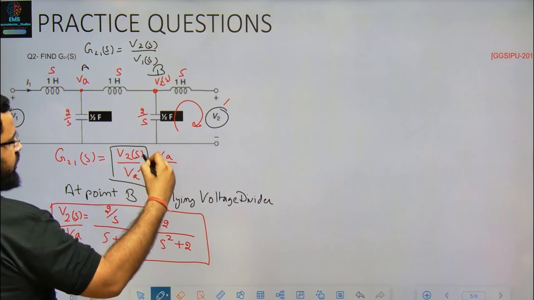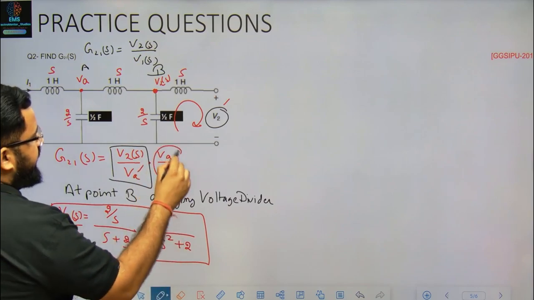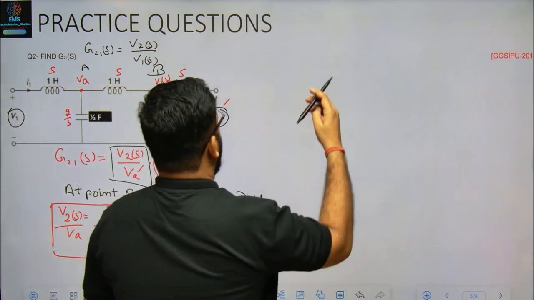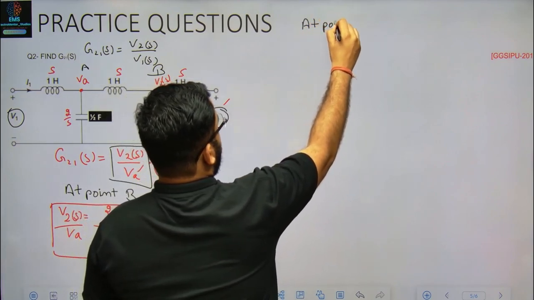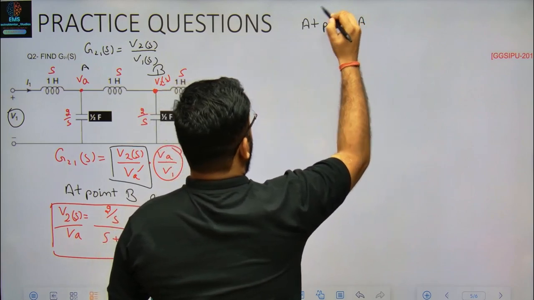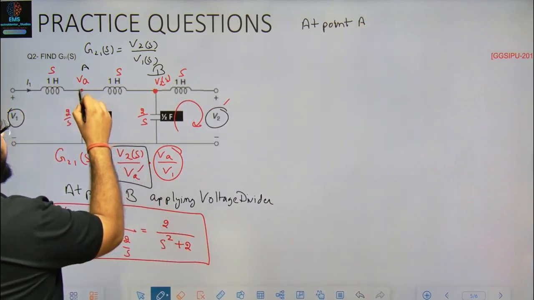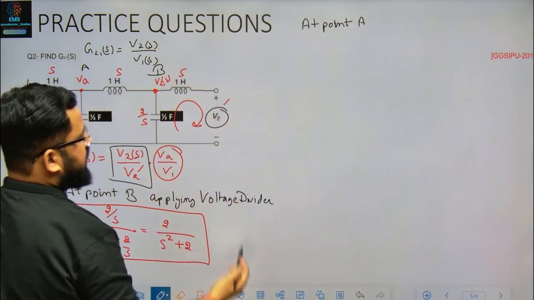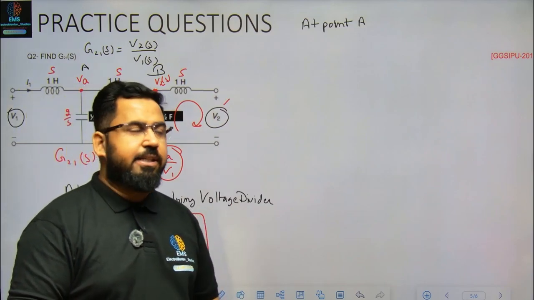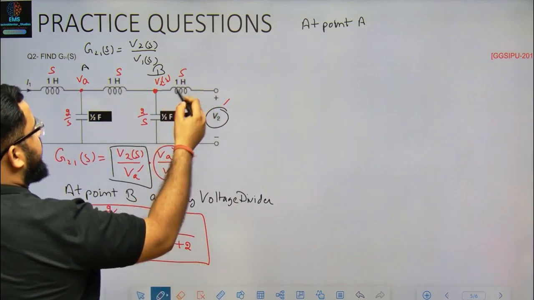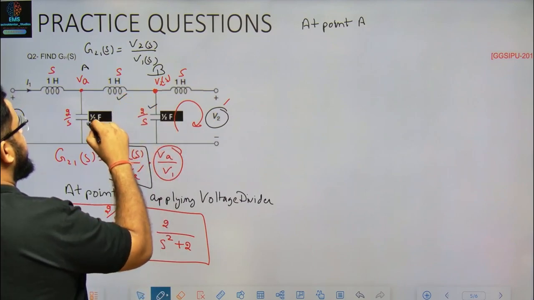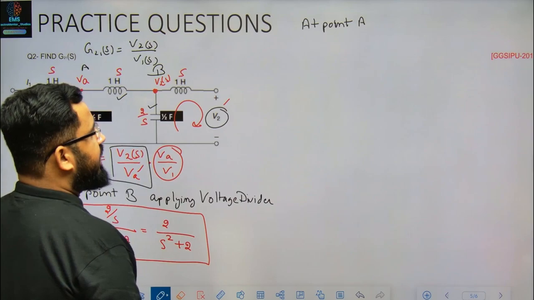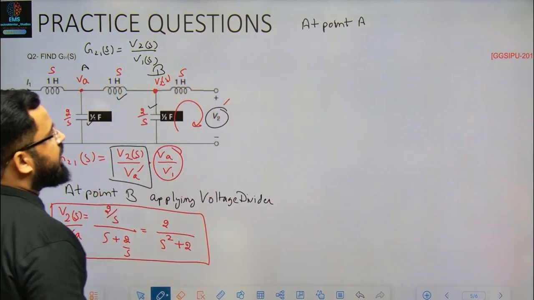I've got V2 by Vs. So to find out VA by V1, at point A, the impedance of the whole circuit will take into place. Here there is no current, hence this L, this C, and these C, all these things will be taking part on the voltages over here.